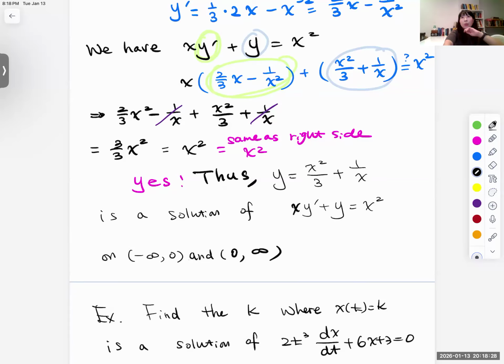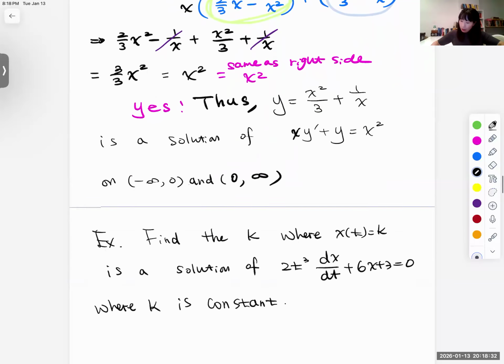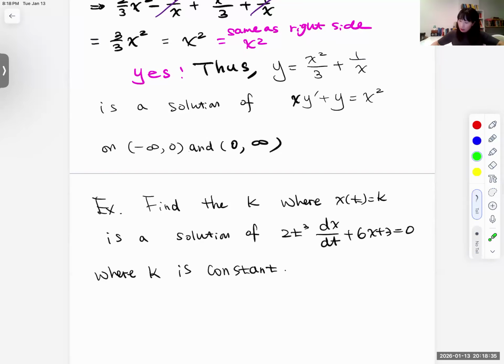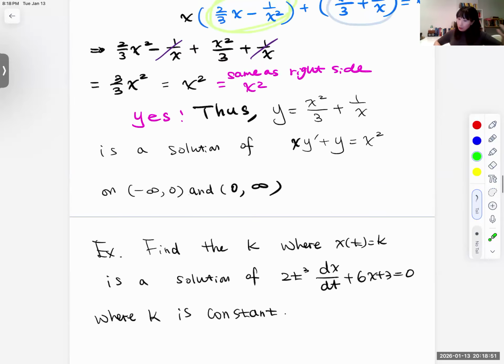All right, next one. We have to find k where x equals t to the k is a solution of this differential equation. Same concept.